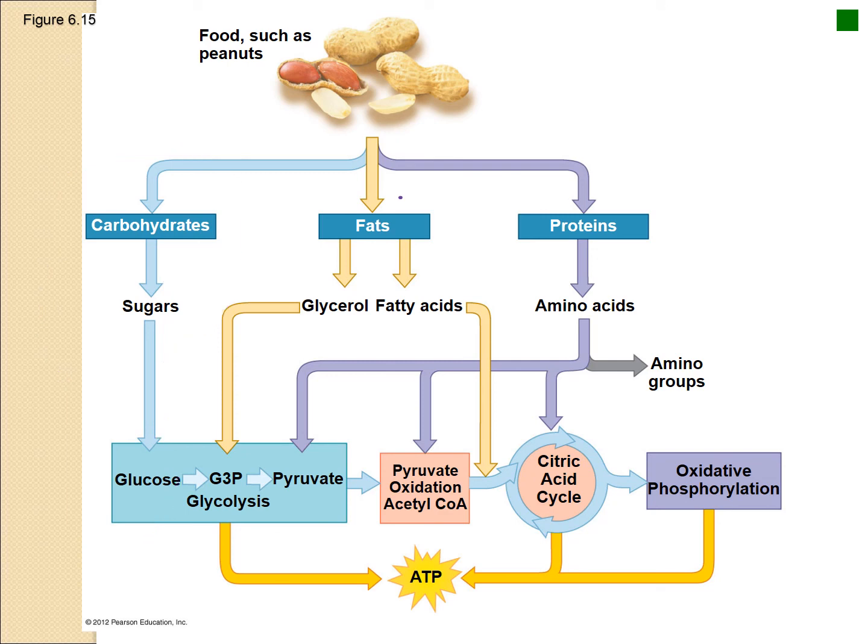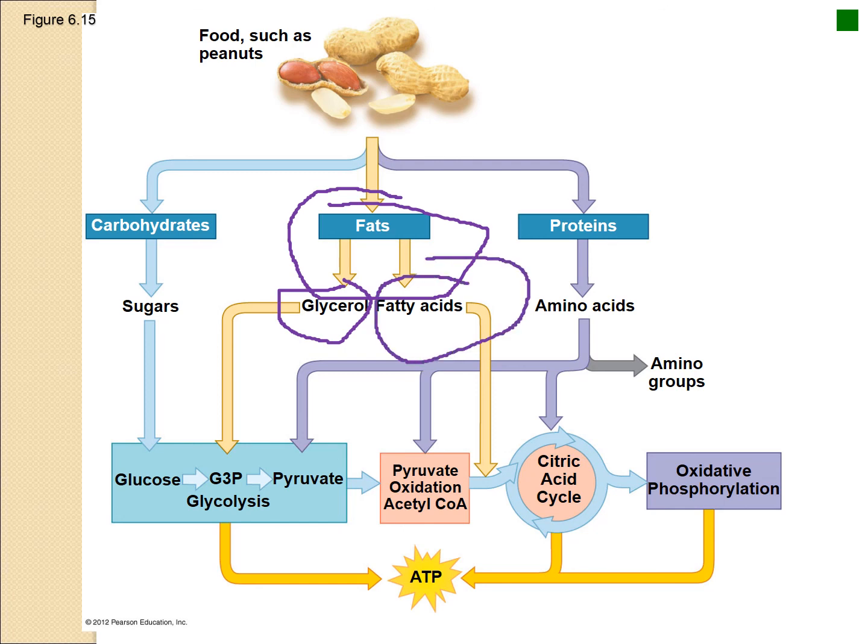Now, you could eat fats. This is like the Atkins diet, as a source of calories for fueling cellular respiration. So what happens is when you eat fat, you break it down into glycerol, which is a sugar type compound, and fatty acids. Those feed into either glycolysis or eventually the citric acid cycle, and they get treated just like pyruvate.